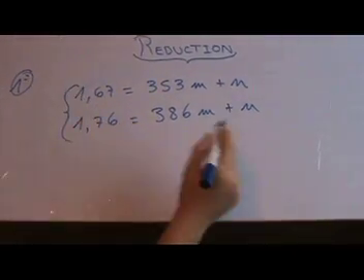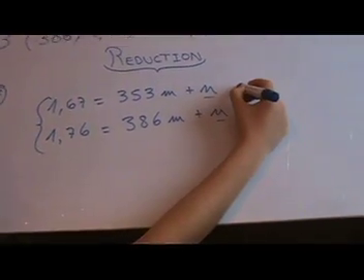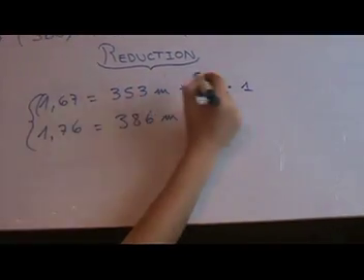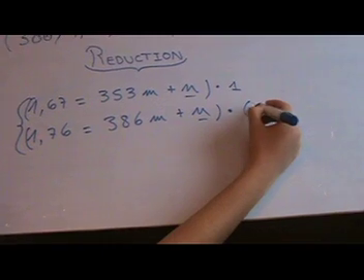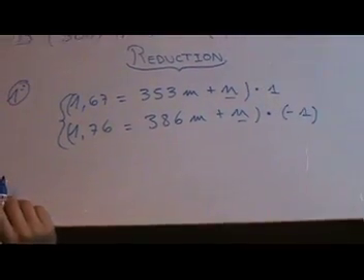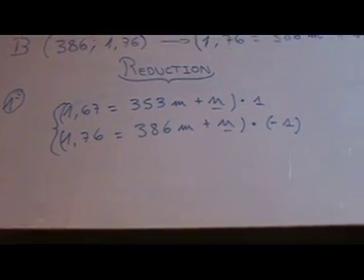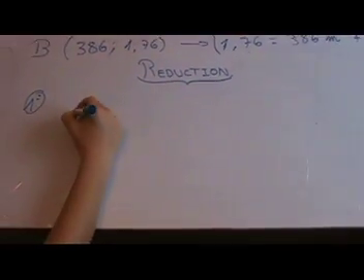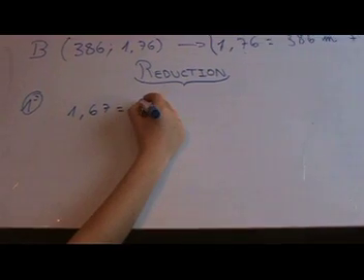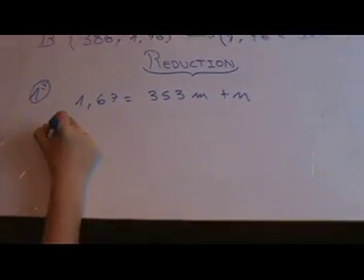In our case, both n's are equal, they aren't multiplied by any number, so we only have to multiply one of the equations by -1 and the other one by 1, just to convert one of the n into -n. We have the same variable multiplied by the same number, but in one of the equations positive and in the other one negative. We have to add both equations to get rid of the n, because n minus n equals 0.